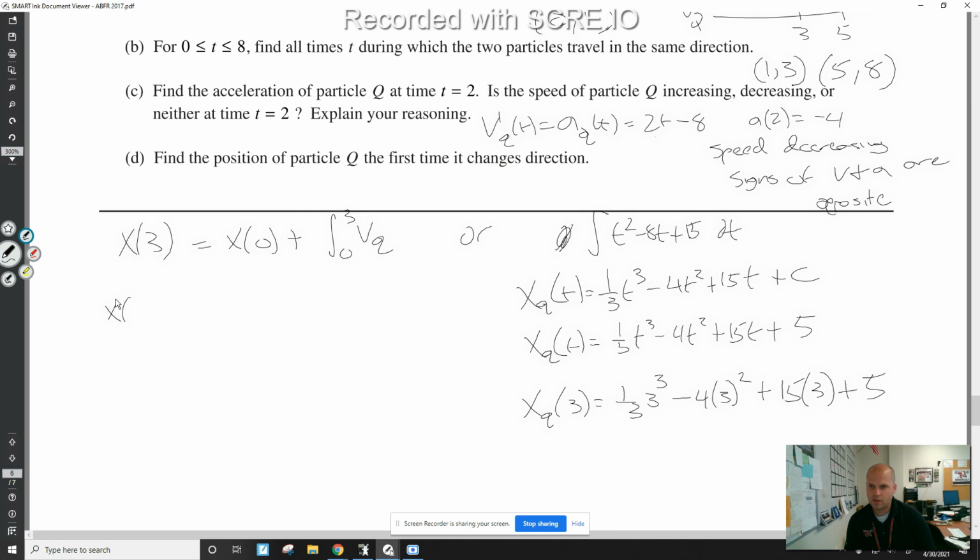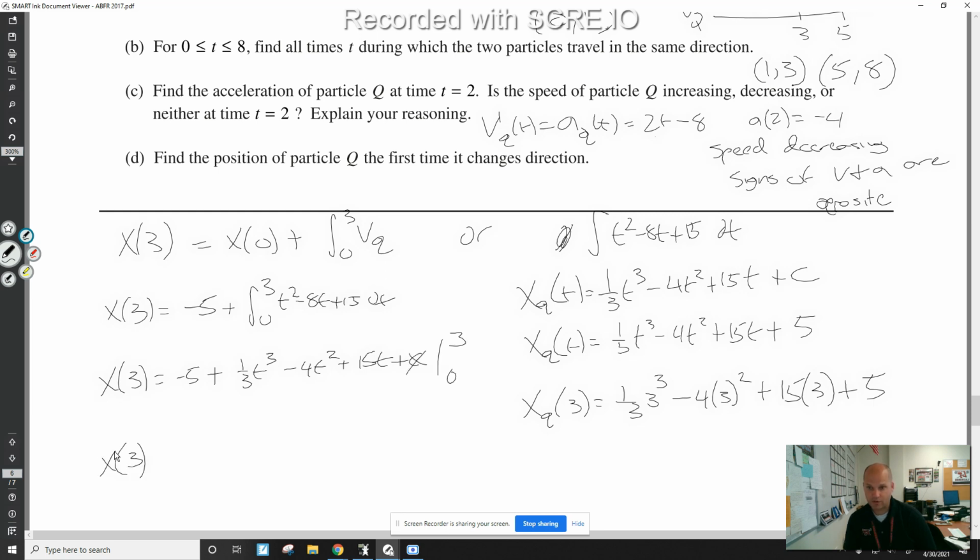Now, if you did it the other way, you would have gotten 5 plus the integral from 0 to 3 of v of Q, and you'd actually have to do a little bit of work here because you can't leave your answer like this. You have to plug in 3 and plug in 0.